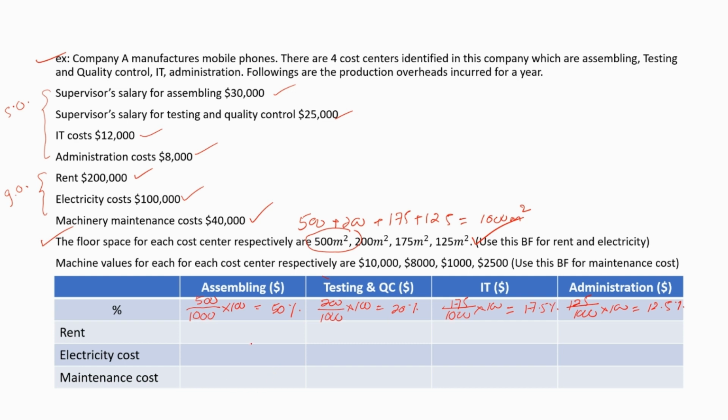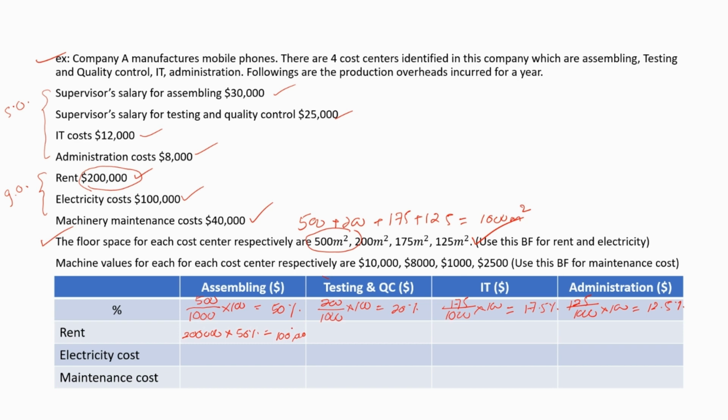So how can we do this? The total rent is 200,000. Simply this means out of this 200,000, 50% will be incurred by assembly. So 200,000 multiplied by 50% is equal to 100,000. This is how we apportion the general overheads using a base factor.